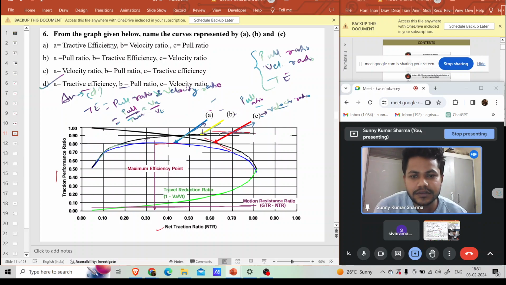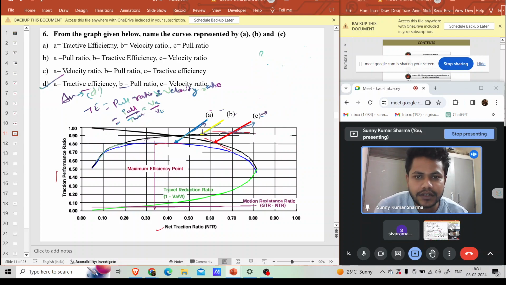You know how we get this? What is the tractive efficiency formula? Tractive efficiency is drawbar power by axle power, right?